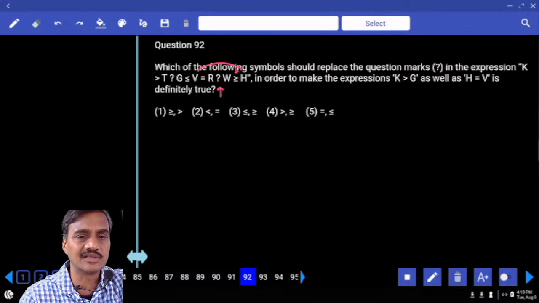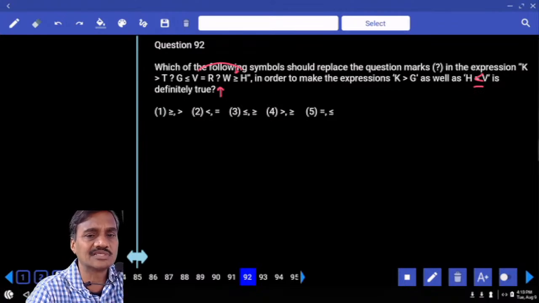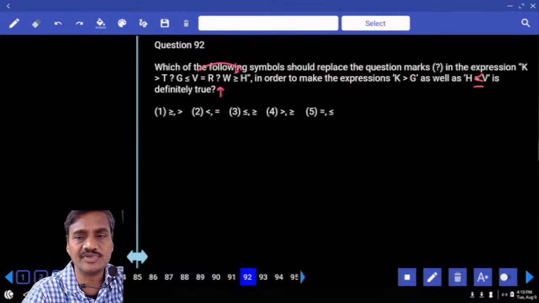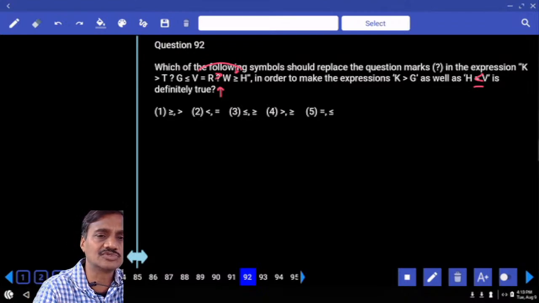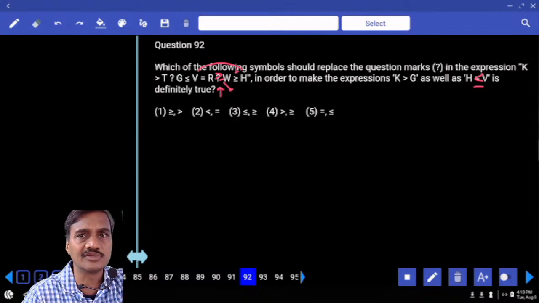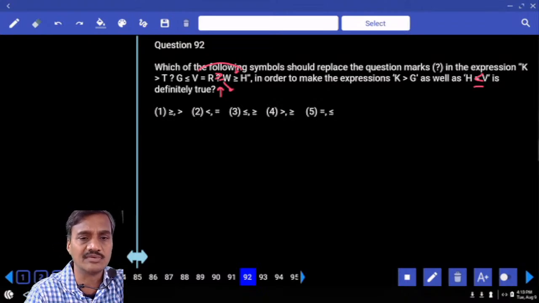Now H greater than or equals to V, and H lesser than or equals to V, better. Now if you take H lesser than or equals to V, that is V greater than or equals to H. Then we need to have greater than or equals to at this place. Then H lesser than or equals to V, V greater than or equals to H. Hence we can have either equal to or greater than or equals to.